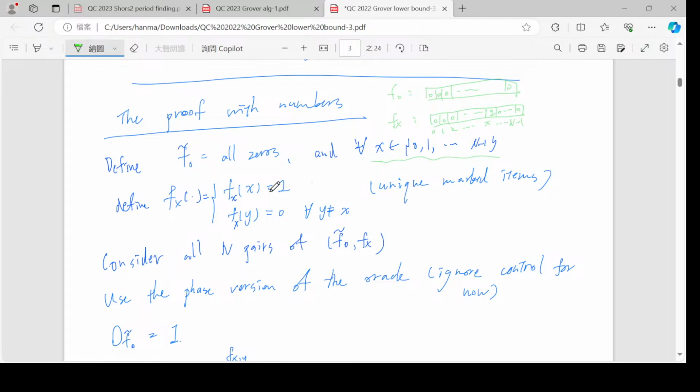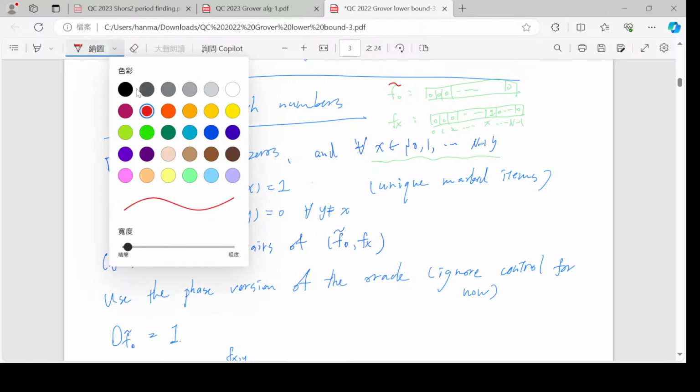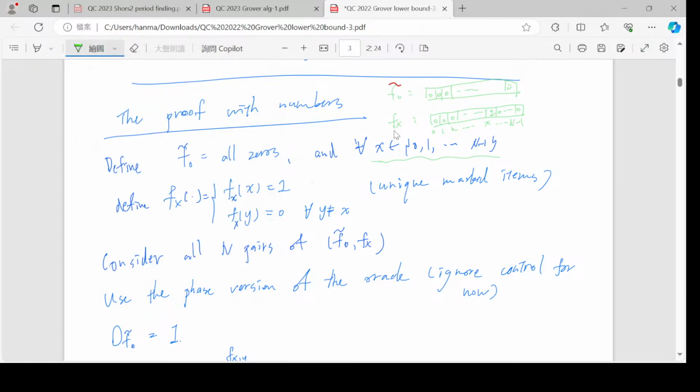And for x in 0 to n-1, so all the possible locations, we define this f sub x.